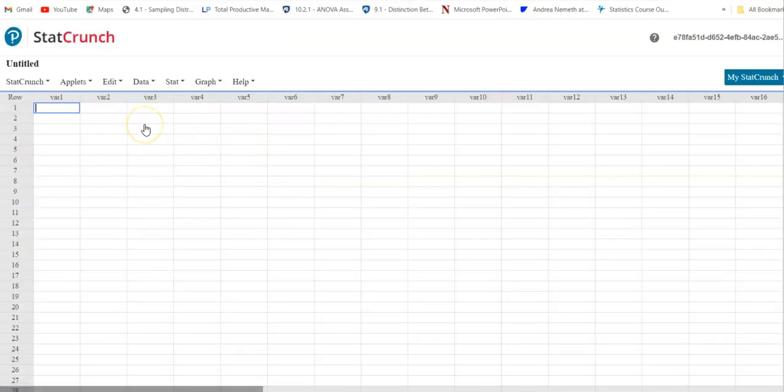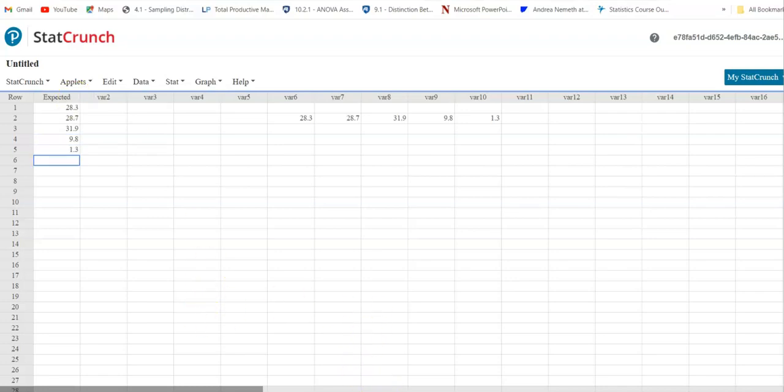Let's open a new data table. So the first column includes expected values. So it's 28.3, 28.7, 31.9, 9.8, and 1.3.